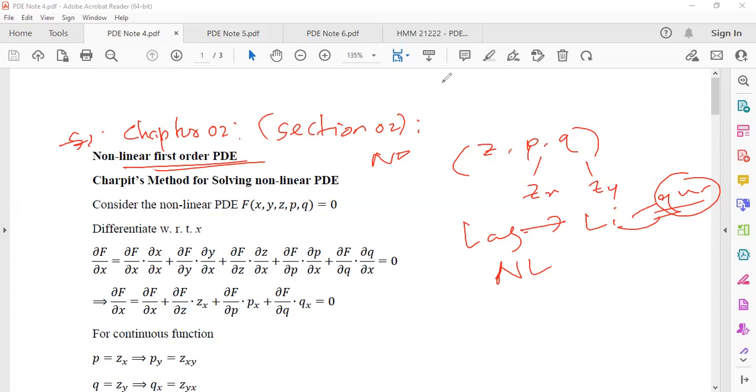Okay, I got one answer. Yes, that is correct, but I'm asking for something specific. What makes you think the equation is nonlinear? If it is not linear, we know it is nonlinear. But which kind of equation, which characteristics, show it is nonlinear?